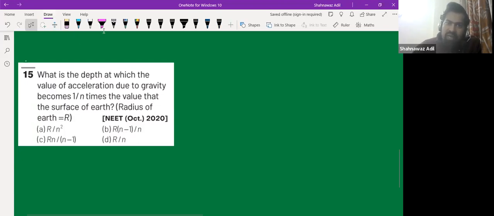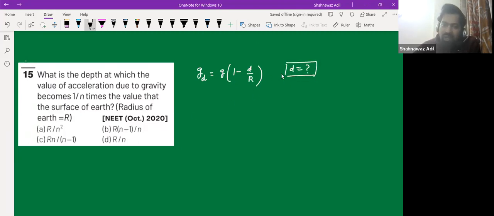So we know the gravitational acceleration at a certain depth is g_d equals g times 1 minus d by R. And in this question, we have to calculate this d.